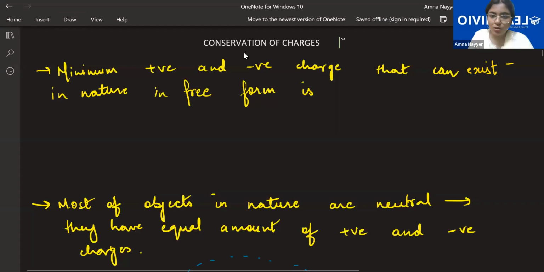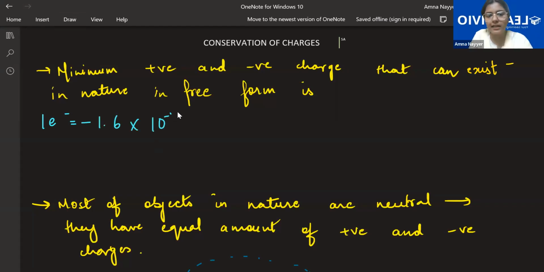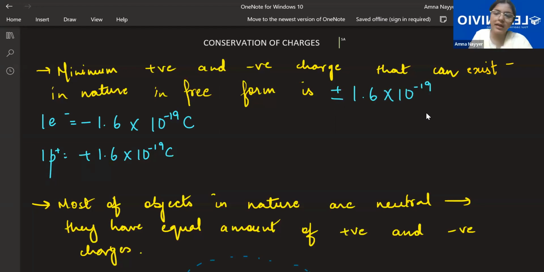The minimum amount of charge existing in one electron is minus 1.6 into 10 to the power minus 19 coulomb, and in one proton it is plus 1.6 into 10 to the power minus 19 coulomb. So the minimum charge that exists is plus minus 1.6 into 10 to the power minus 19 coulomb. Plus or minus depends upon whether it's an electron or a proton.